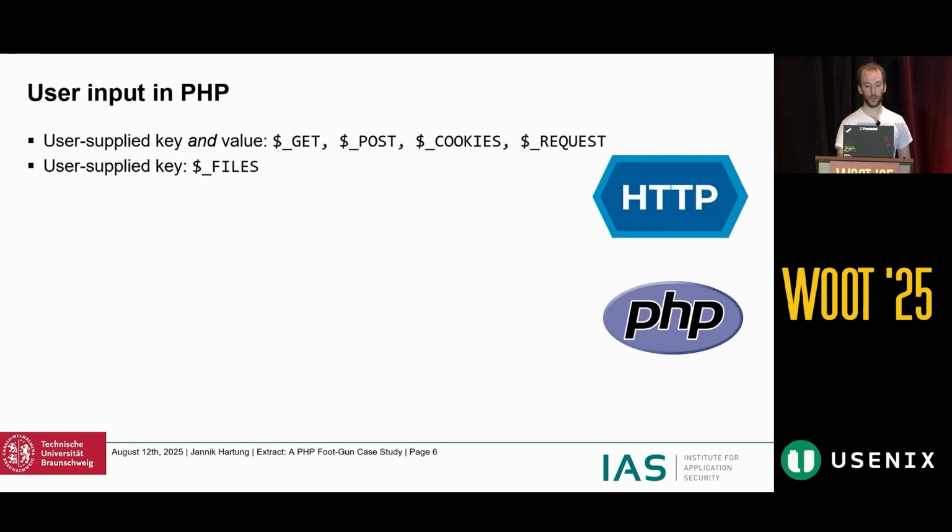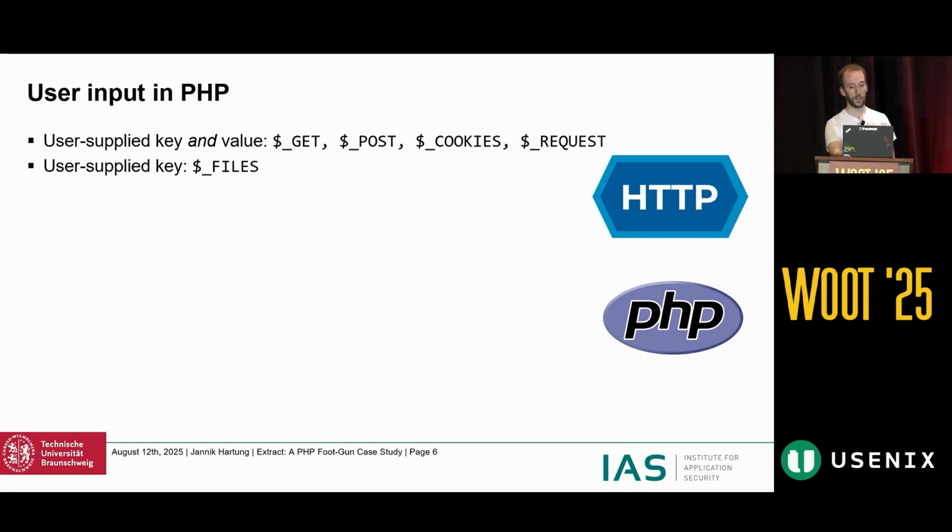Now we have to look at how we can actually put values into PHP applications. We look at web applications, so they are hosted using Apache or Nginx, and usually use PHP together with HTTP. So you can POST or do GET requests and access those values in the parameters using these superglobal variables, and they are just available in your script.